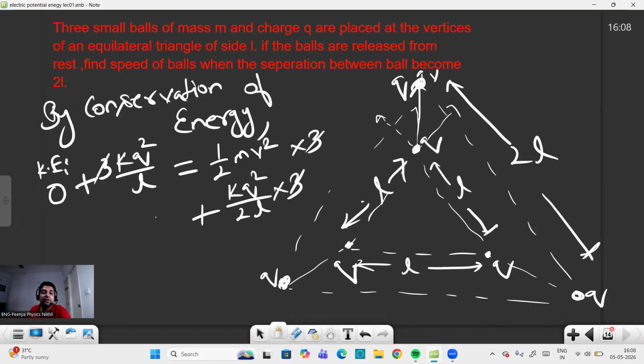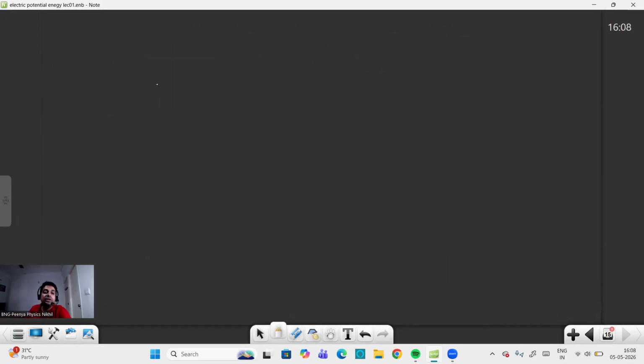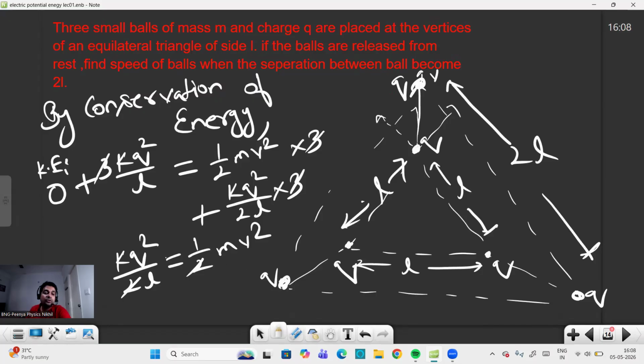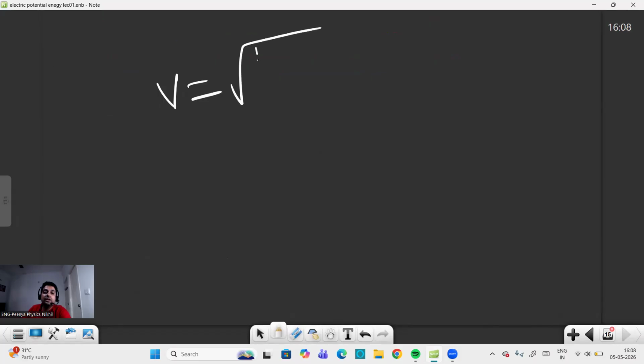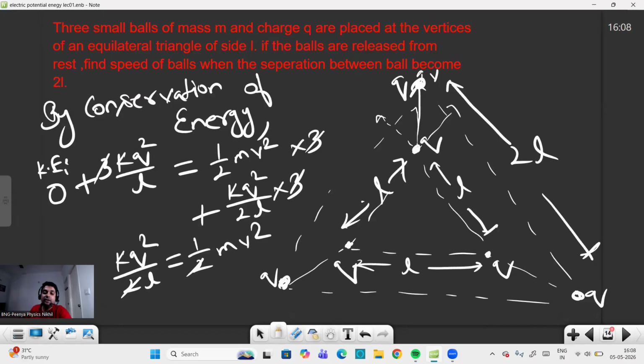Now k q square by L minus k q square by 2L is k q square by 2L, which equals half m v square. This 2 cancels out. So finally V equals root under k q square by m L. So like that, we can find the final speed of these charges.